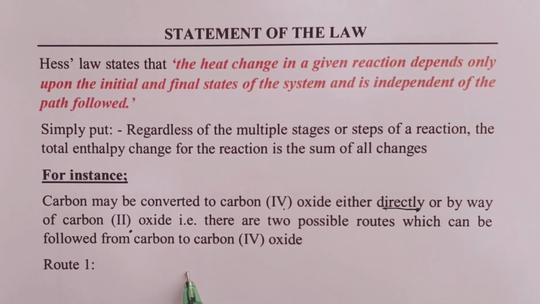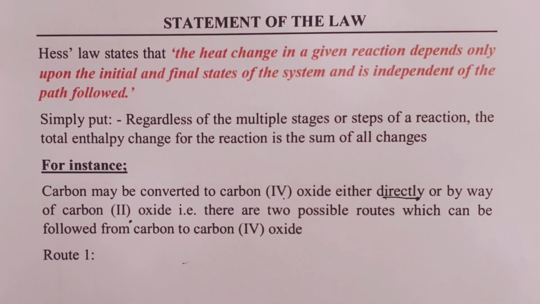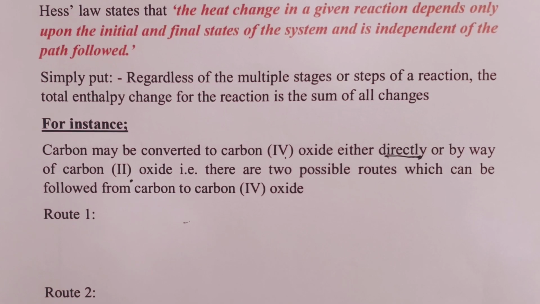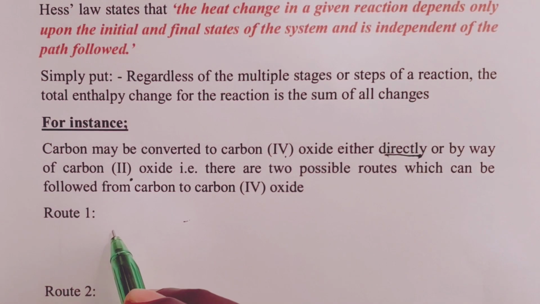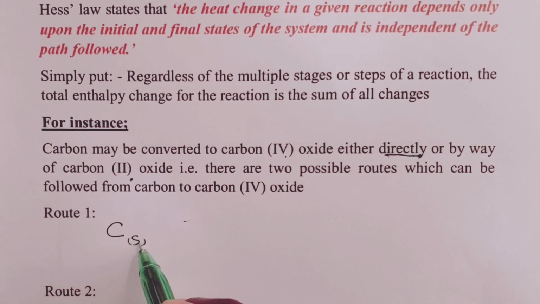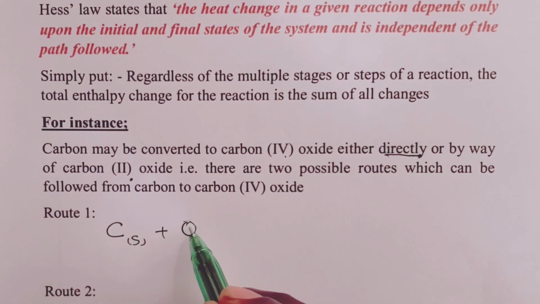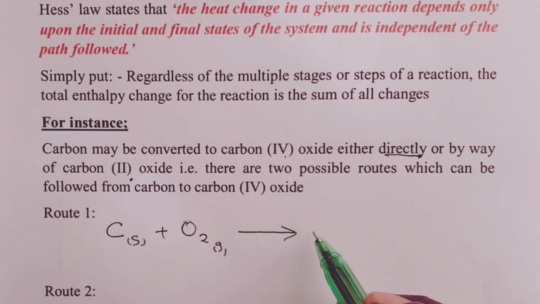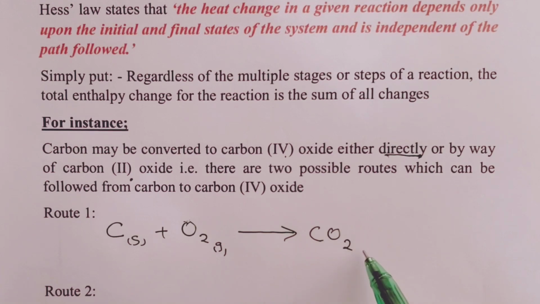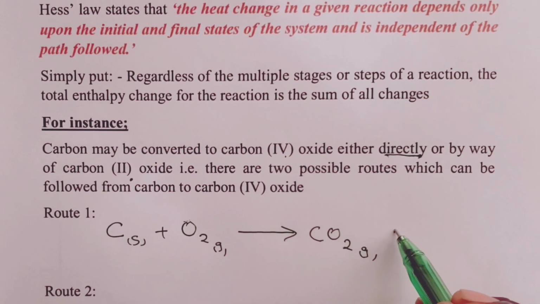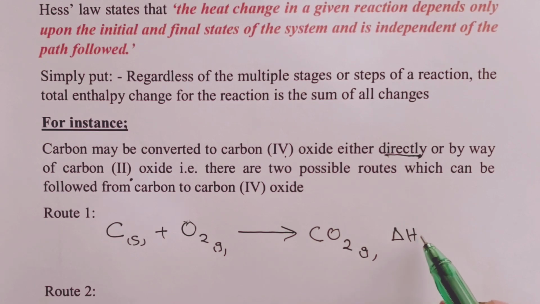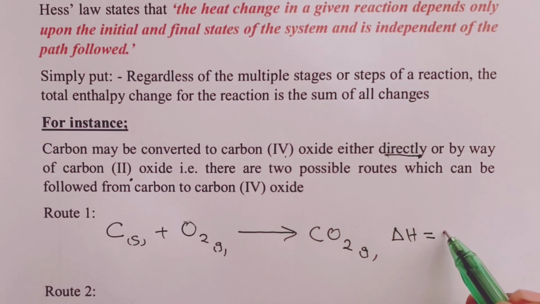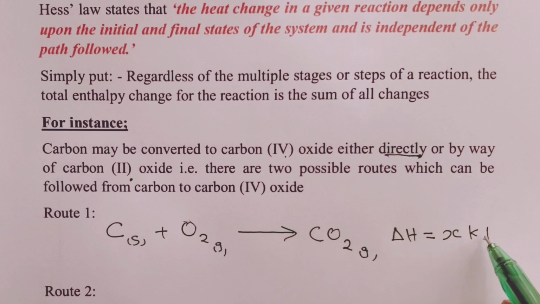So there are two possible routes from carbon to carbon 4 oxide. Route 1 involves burning carbon in excess oxygen to give us carbon 4 oxide directly. Let us assume that the heat change involved in this first route is X kilojoules per mole.